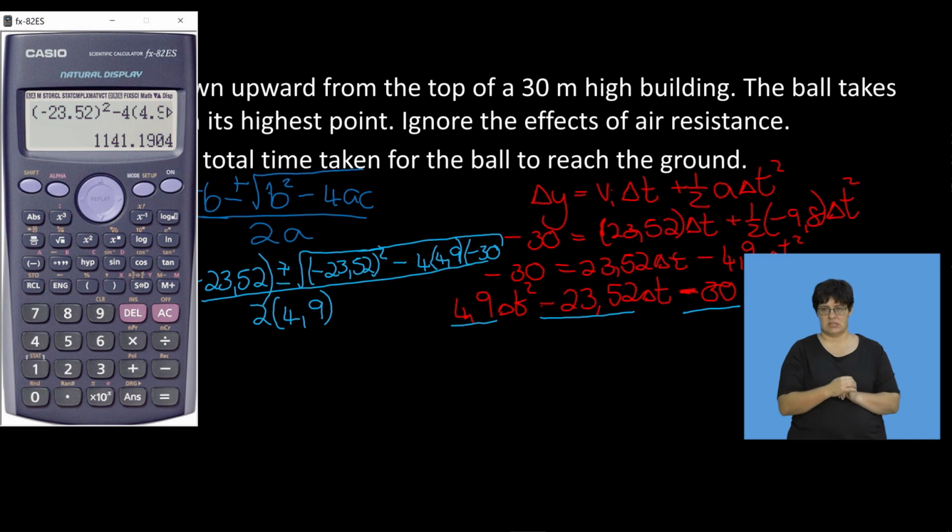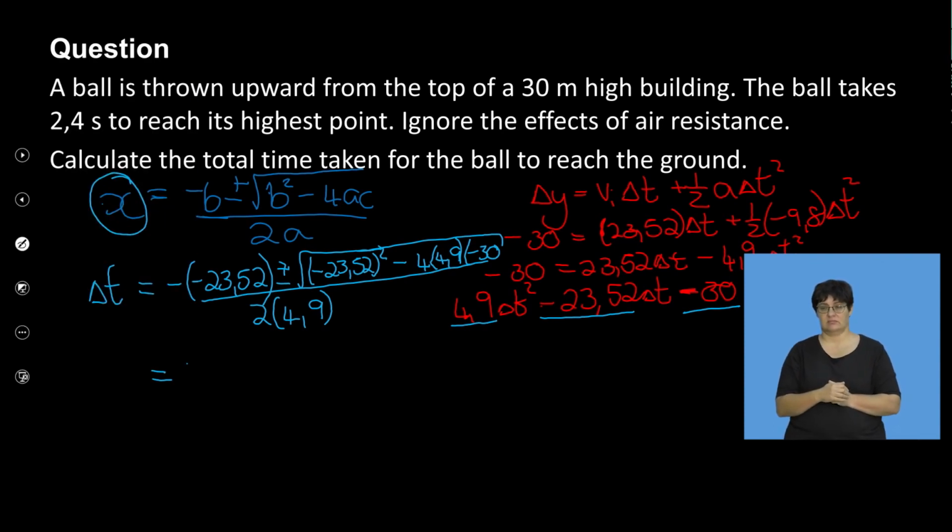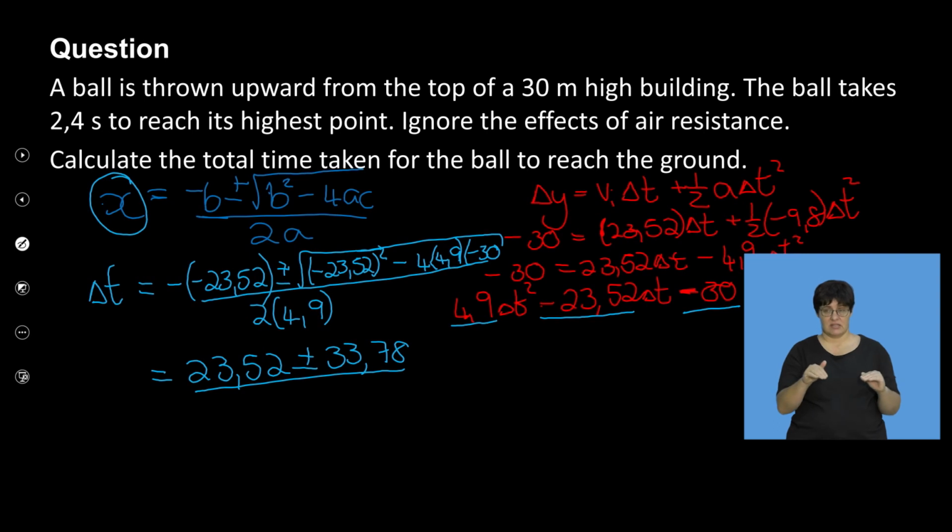And I've got 1141. It's a positive number, and I'm actually going to take the square root of this straight away because of space. I take the square root of that answer, and I get 33.78. So this has become 23.52 plus or minus 33.78, divided by 2 times 4.9, which is 9.8.